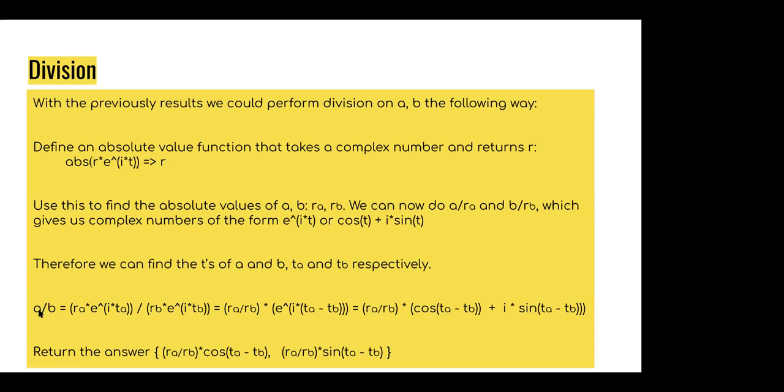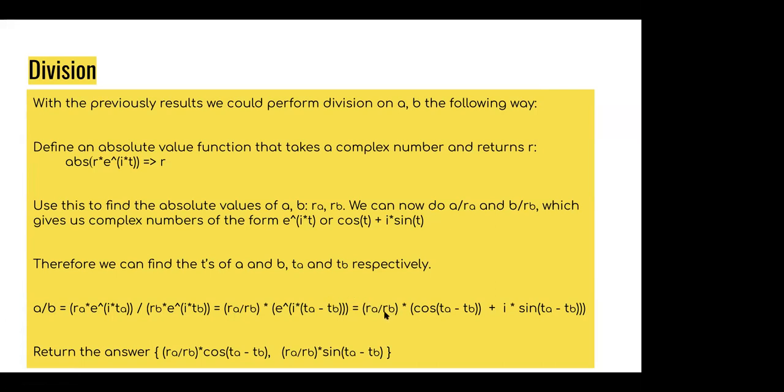It's just mimicking the same pattern there, A divided by B. Then in the second expression, I've just factored out R_A divided by R_B times e to the power of i, and then it's e to the power of i t_A divided by t_B, which is the same as e to the i (t_A minus t_B). That's just the rules of exponentiation.